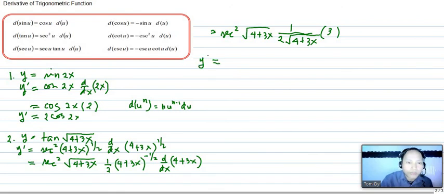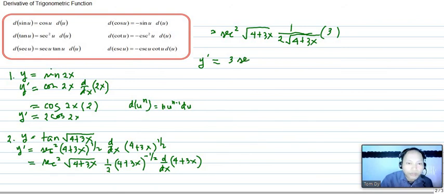y prime, that is equivalent to 3 times 1, that is 3 over 2. So I will write here 3 times 1 equals 3 times secant squared.